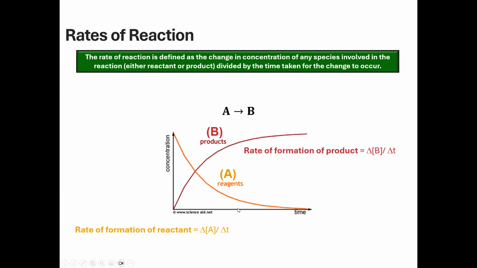The very same thing can be said for my product formation. At the very start I have zero product because it hasn't formed yet. Over the course of the reaction it keeps forming until a certain point where no more can form, and then I look at the change in concentration over the reaction time. Is that okay with everyone so far?